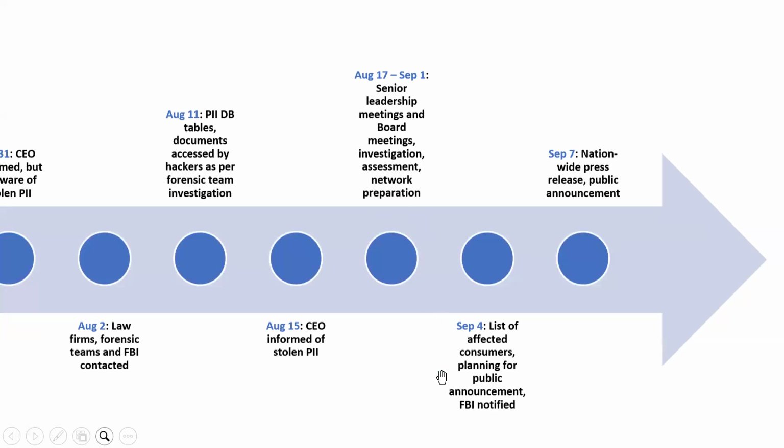On 4th September, the list of affected consumers was prepared, and planning was done for publicly announcing this issue. The FBI was also notified. Finally, on 7th September, there was a nationwide press release where the public announcement was made.